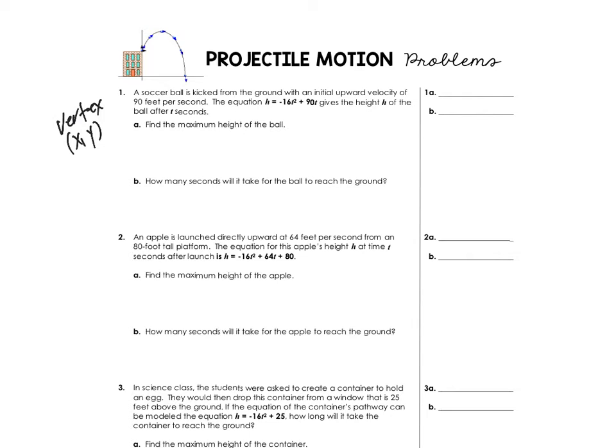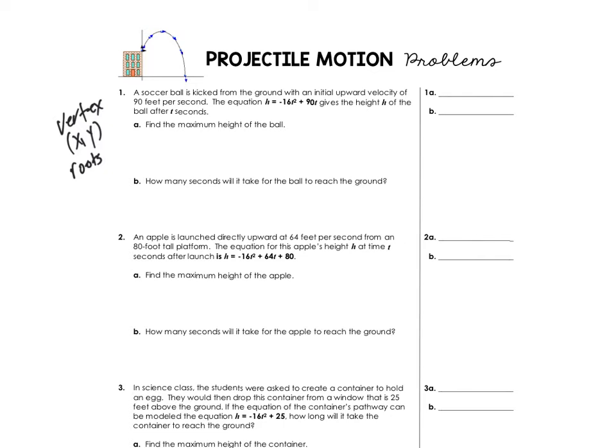And then the x-intercept. So it's going to ask us for the roots. It's going to say, at what time does the ball hit the ground, or questions like that. So everything is going to be associated with the vertex and the roots, both of which we know how to find in a couple different ways.